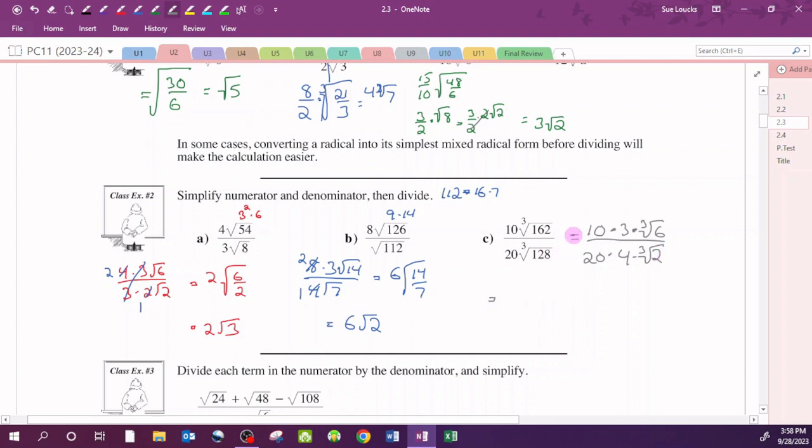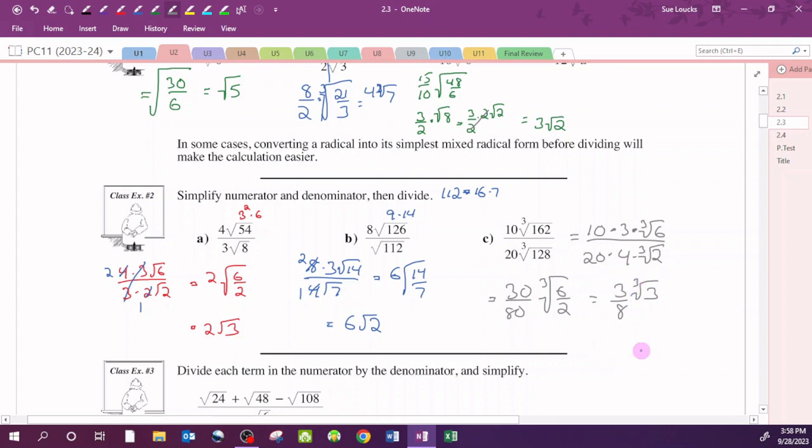So that is going to be, well, here, I'll just do it the long way. This is going to be 30 over 80 times the cube root of 6 over 2. And 30 over 80 becomes 3 over 8 times the cube root of 3. Oh, I didn't put my cube root in there.